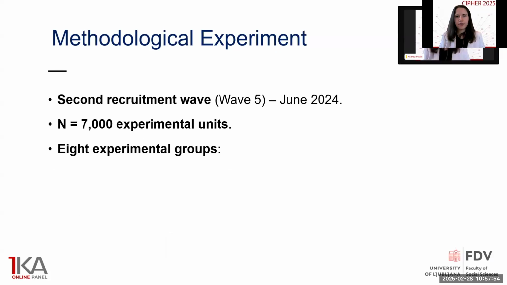So now I will present the methodological experiment that was conducted in June 2024 during the largest recruitment wave. This experiment involved 7,000 units, which were divided into 8 incentive groups, as we'll see on the next slide.